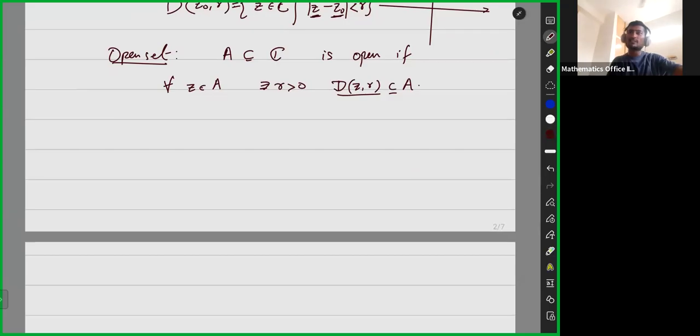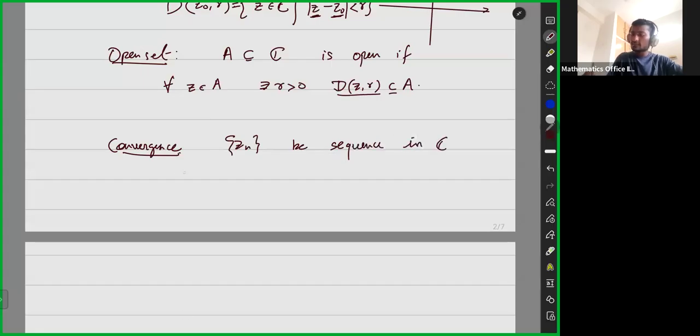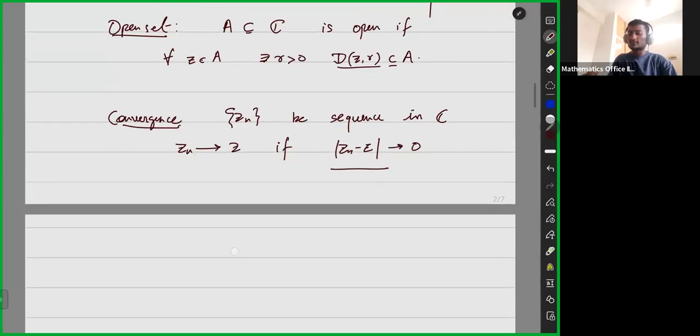And quickly, we see what is convergence of a sequence. Let z_n be a sequence in C. We say z_n converges to z if the modulus of z_n minus z, which now becomes a sequence of real numbers, is converging to 0. Then we say that z_n converges to z.